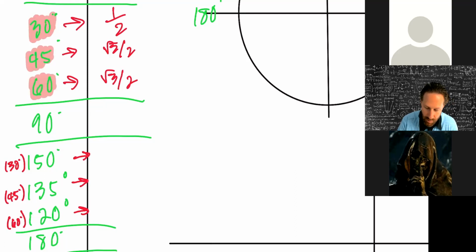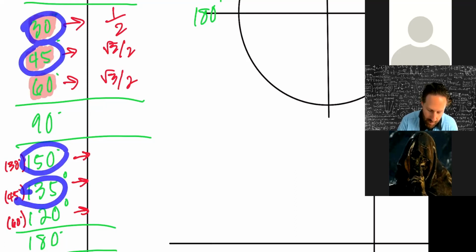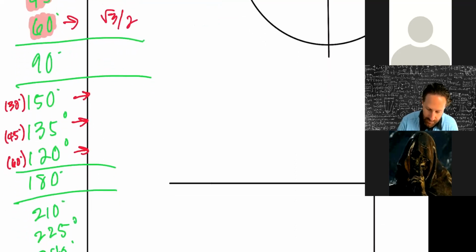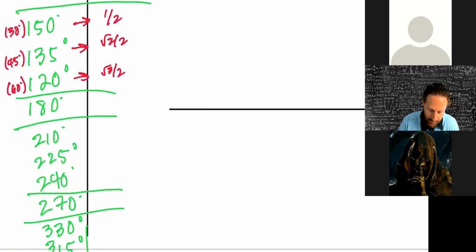And you could even color coordinate each one. You know, the 30s do all those, the 45s do all those, and then the 60s do all those. Whatever. As long as you recognize each and every one, this is going to be my 1/2, root 2/2, root 3/2. There's my 30, 45, and 60.